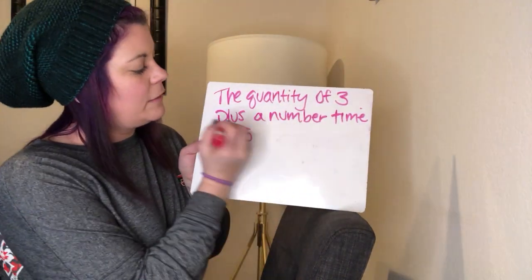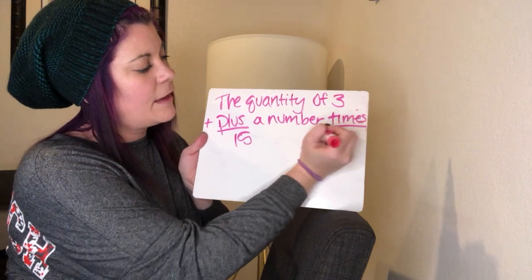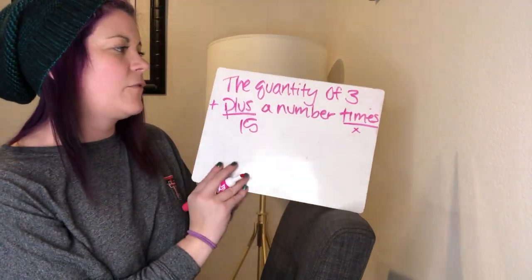This one, the quantity of 3 plus a number times 15. So the quantity of 3 plus, so that's plus a number, times is multiplication, times 15.